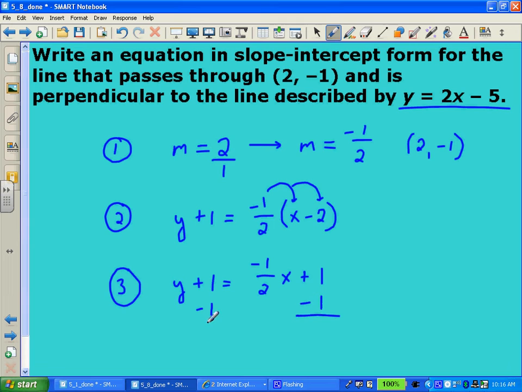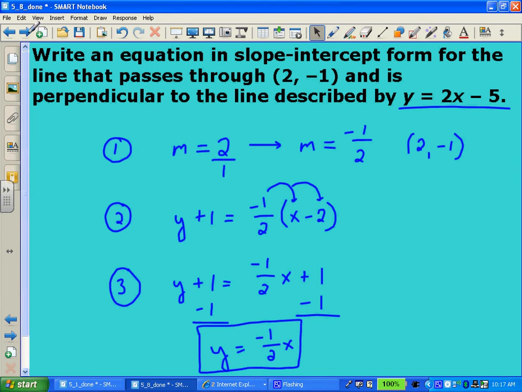Then I have to subtract 1. So I get y equals -1/2 x plus 0. I don't really have to write plus 0, so my equation is y equals -1/2 x. And that would be a line that passes through (2, -1) that's perpendicular to y equals 2x minus 5.